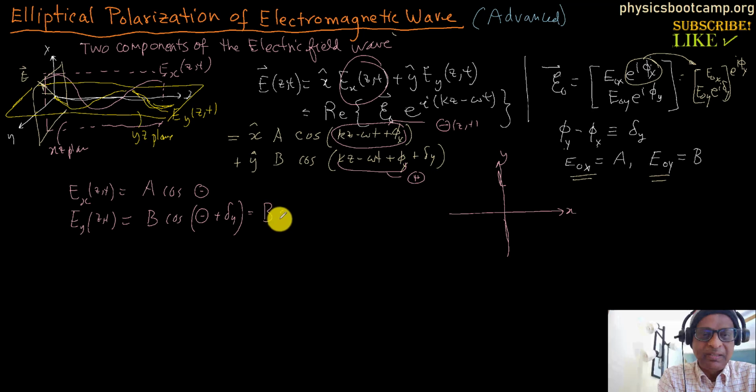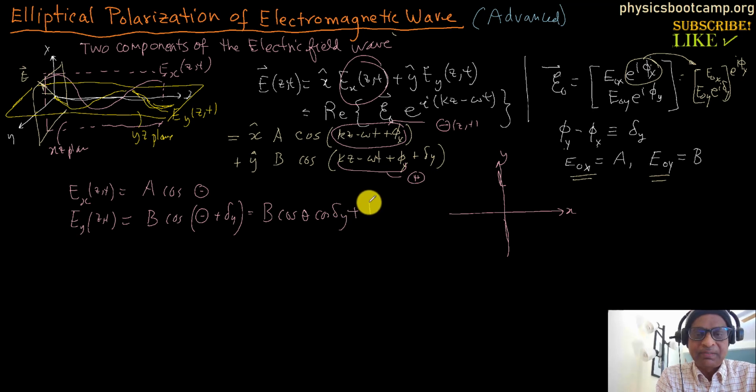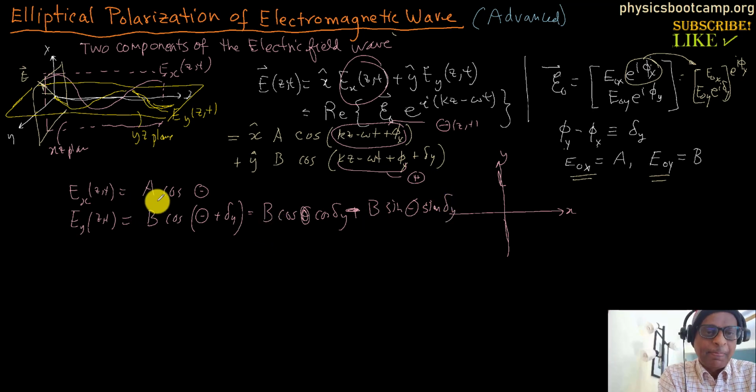So this would be b cosine theta cosine delta y minus b sine of this, I'm using big theta, sine of delta y.